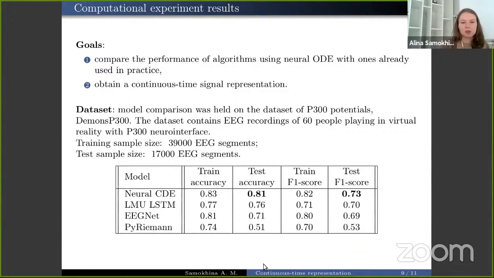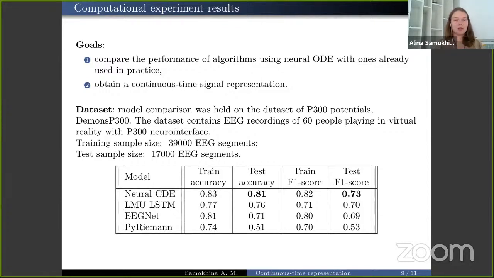So we can say that even for ordinary regular data, these models can be used not only for irregular data, but for quite ordinary data, and there is still an improvement over alternative models.